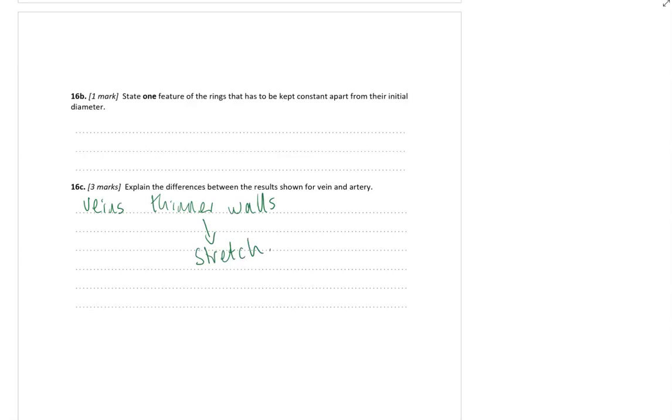Okay. Also, veins have less elastic fiber. Okay, so that's going to mean that there is less of what we call recoil. Okay, and of course you could write that up properly, and that is sufficient.